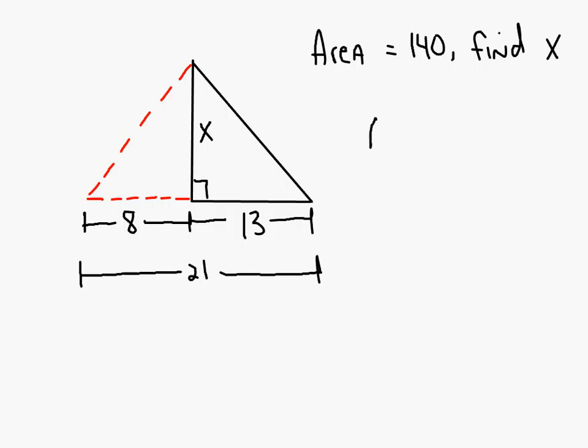So the formula is area equals base times height divided by 2. Take the given information and plug it into the formula. The area is 140. So 140 equals the base, which is 13, times the height, which you're trying to find, or x, divided by 2. So 140 equals 13h over 2.